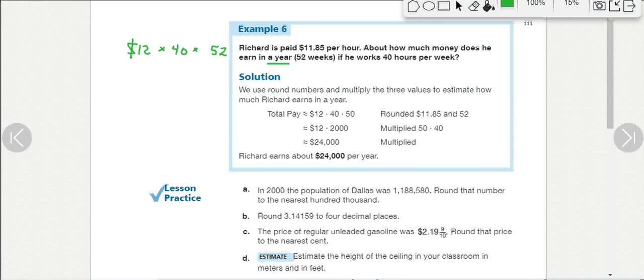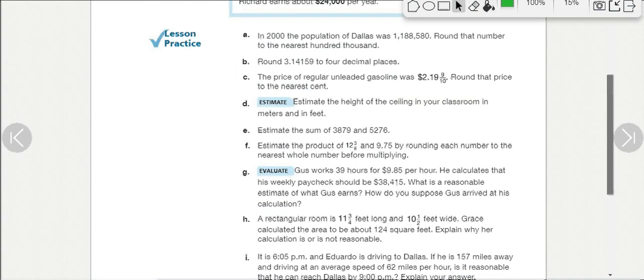Or we round the 52 down to 50, and instead of using a calculator, commutative says we can do this part first, 20, and then add those 2 zeros. Now multiply that by 12 again. You might be able to figure out that that's 24,000. You haven't used any calculator. Good for you. So about 25,000 per year. Okay? Did that without a calculator.